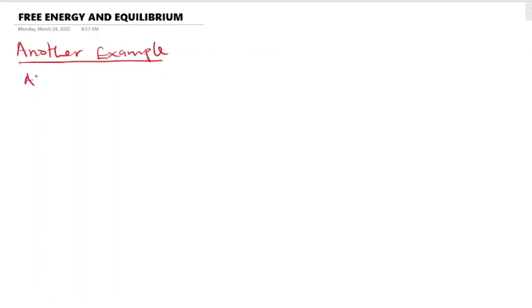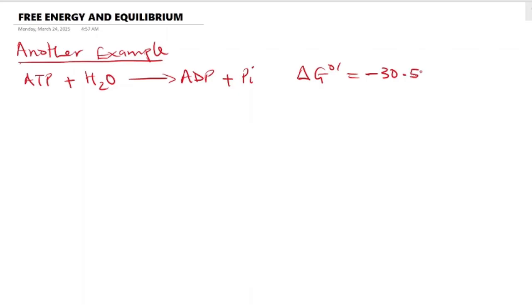So we say ATP plus water gives ADP plus Pi. And the delta G for this reaction is equal to minus 30.5 kilojoules per mole.